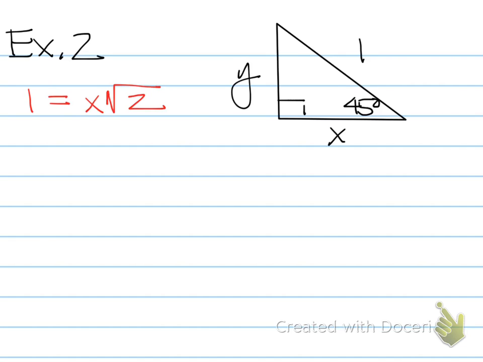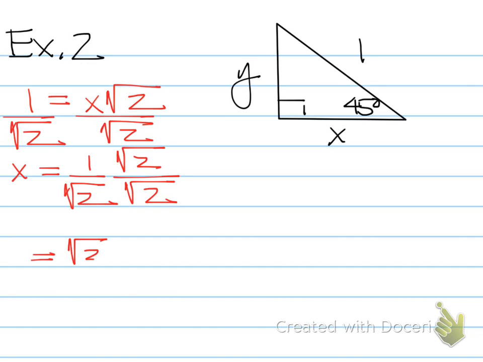To solve for x, the length of the leg, we're going to divide both sides by the square root of 2. And we have to rationalize that denominator by multiplying the numerator and denominator by the square root of 2. That's going to give us the square root of 2 over 2. And again, both the legs of 45, 45, 90 degree triangles are the same. So x and y will both be the square root of 2 over 2.